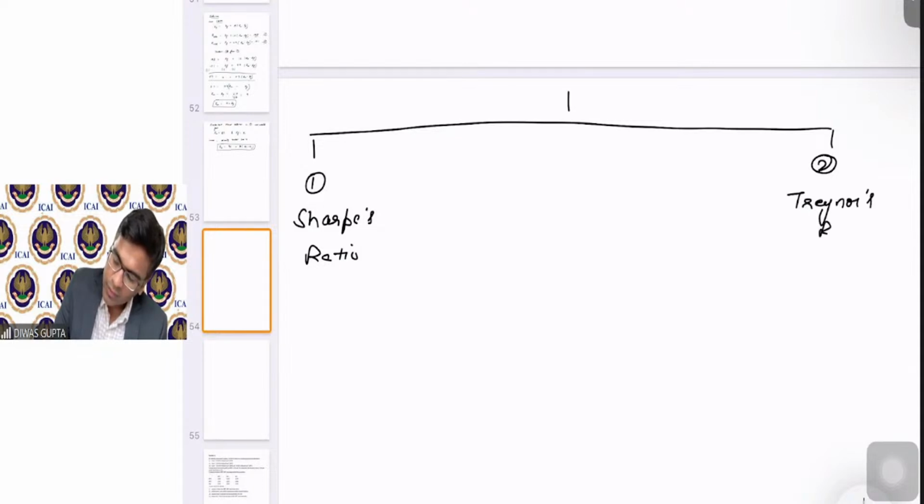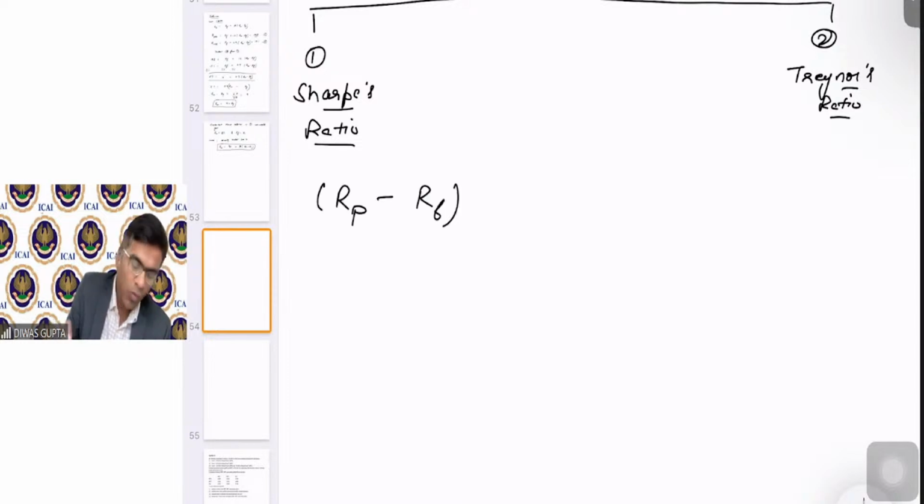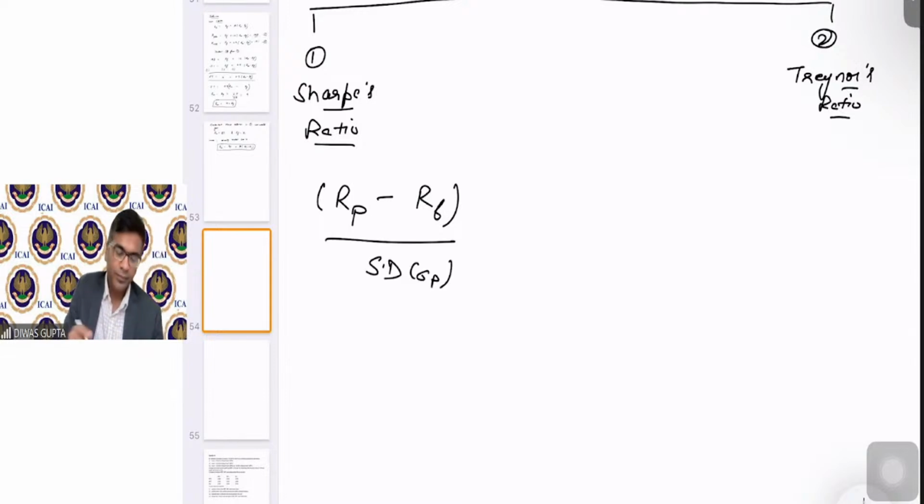Treynor's ratio. So what is the Sharpe ratio denoting? Sharpe's ratio says that you calculate return of portfolio excess over risk-free return and divide by the SD of portfolio. Easy.